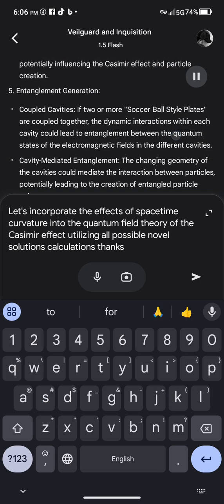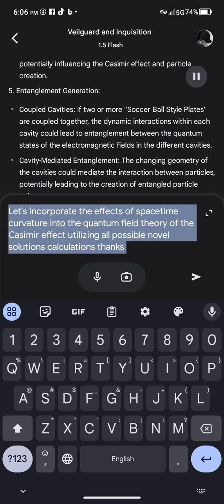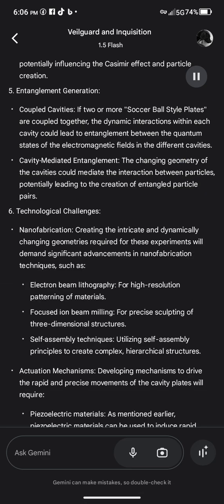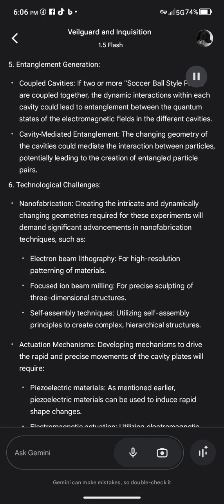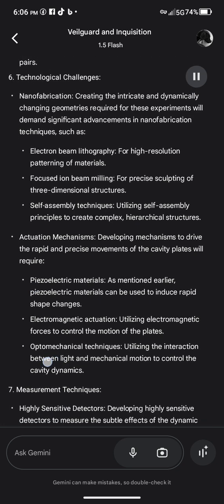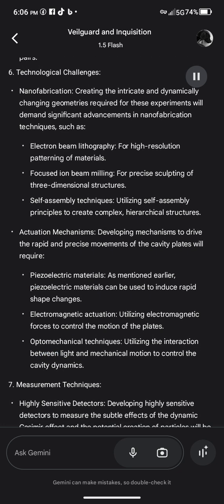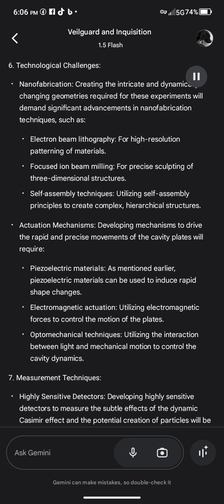Nanofabrication: creating the intricate and dynamically changing geometries required for these experiments will demand significant advancements in nanofabrication techniques, such as electron beam lithography for high-resolution patterning of materials, focused ion beam milling for precise sculpting of three-dimensional structures, and self-assembly techniques, utilizing self-assembly principles to create complex hierarchical structures.